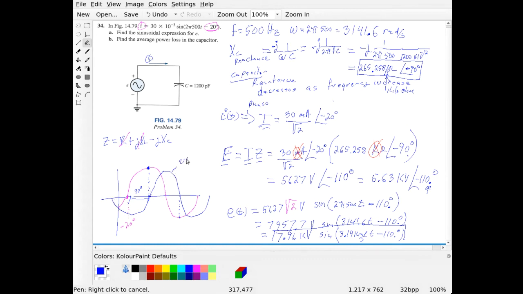So this is the voltage here, all right? And of course the voltage's peak is 7.96 kilovolts, and the current peak, they're not the same. They're not even the same units, let alone the same scale here, right? But current was 30.0 milliamperes was the peak for that. Okay.